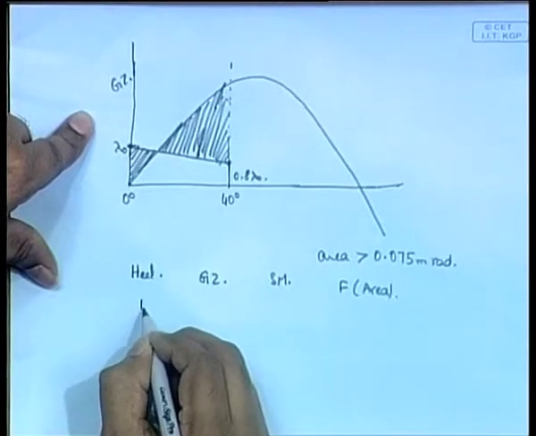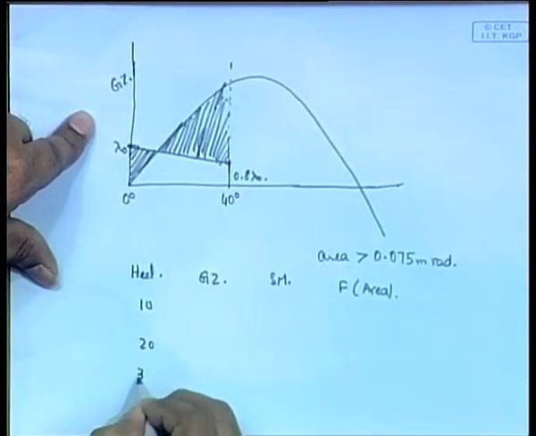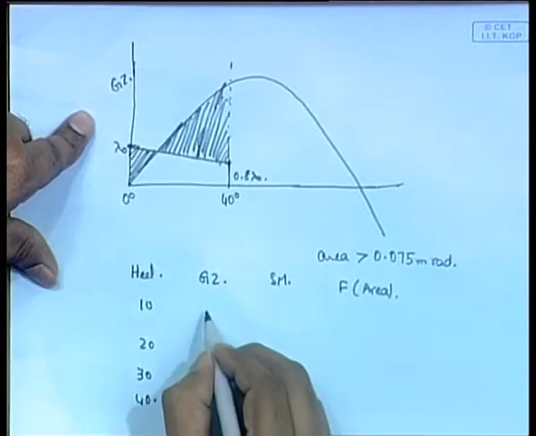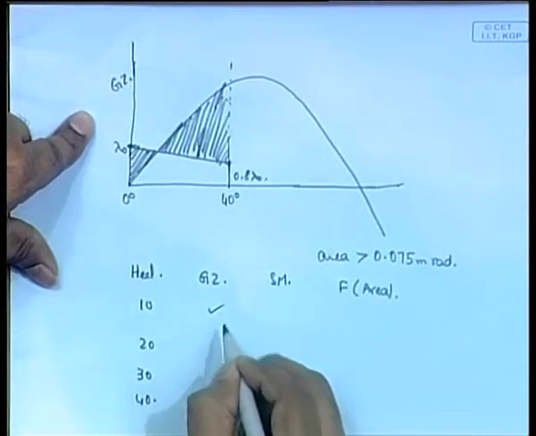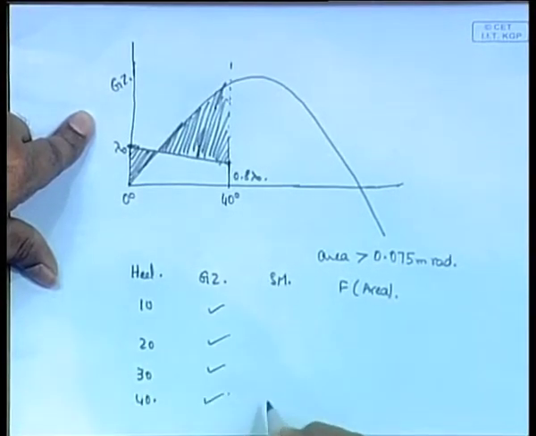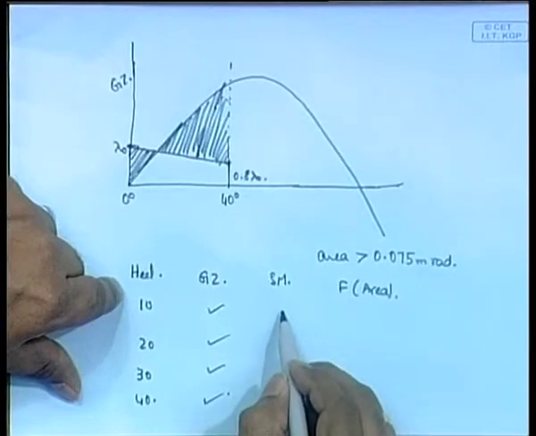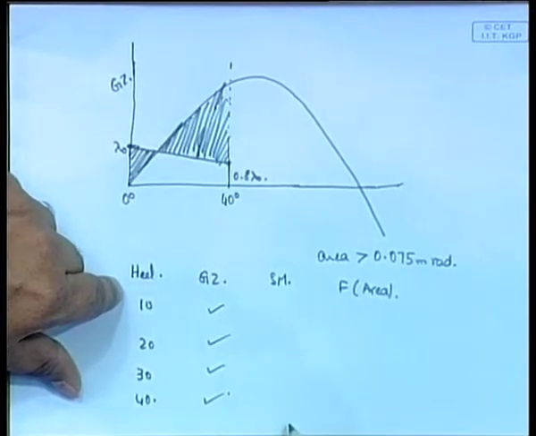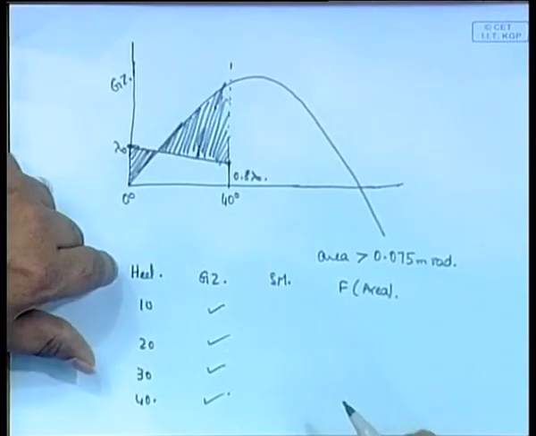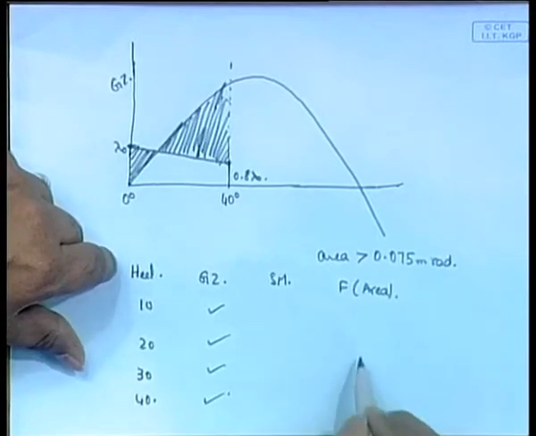So, heel of 10, 20, 30, 40. You read the different GZs from the graph, or you will be given the GZ table from which you write these values. Simpson's multiplier is put here, 1, 4, 2, 4. You put that Simpson's multiplier or trapezoidal multiplier here, and you find the area.